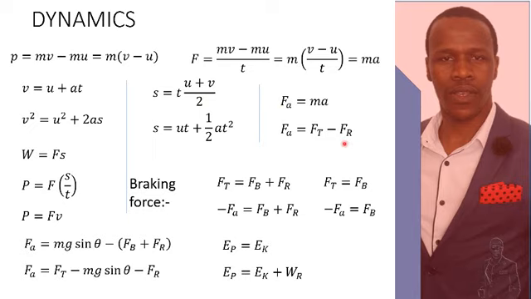Then this is not in your formula sheet, where we have FT equals FR plus FA, or simply FA equals FT minus FR. What does FA stand for? I already told you, it's the force due to acceleration. FT is the attractive force, or the force that is applied.